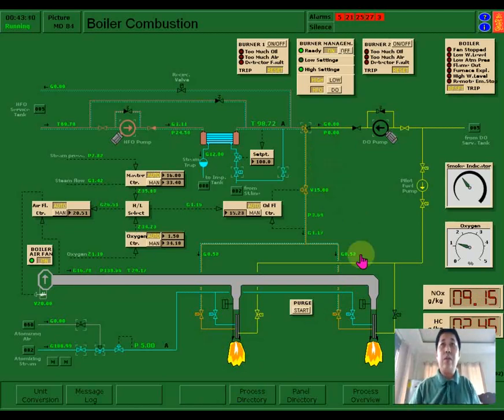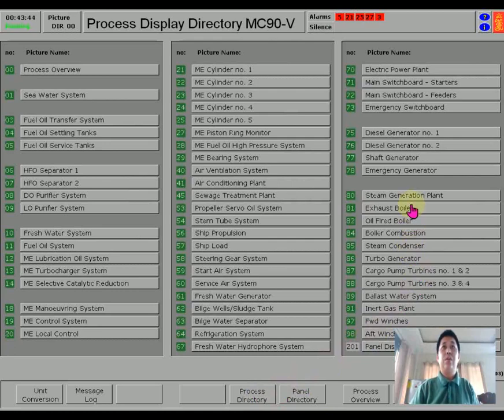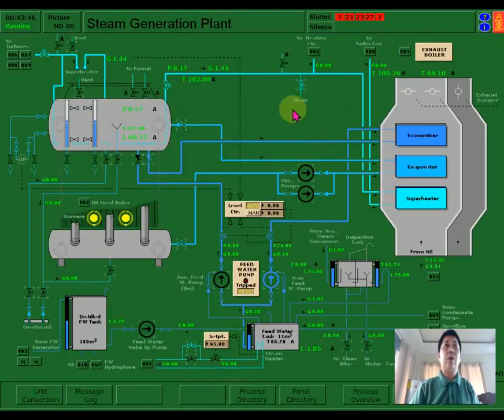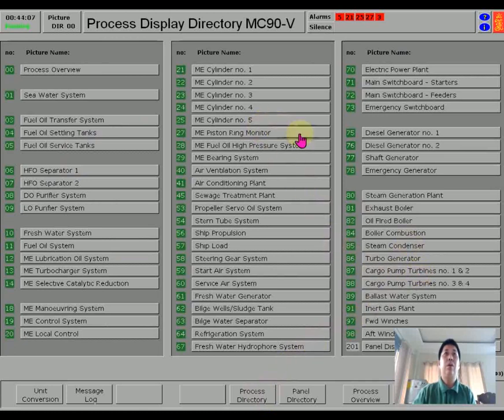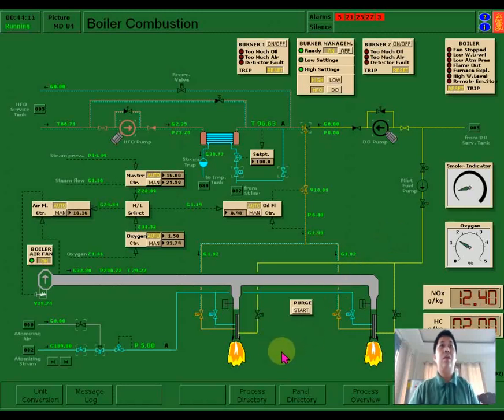So now it is firing automatically. We will check our steam pressure. I close the valve here, the drain valve. As you can see, your steam pressure is increasing very fast because burner 1 and 2 are firing, as you can see here.